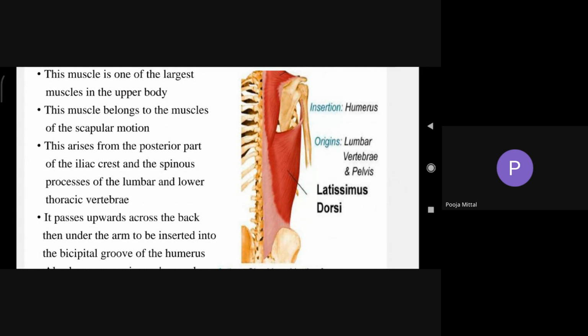Means our scapula. I hope you remember which bone is scapula, right? Which bone is scapula? Please answer. Yes, you are right.